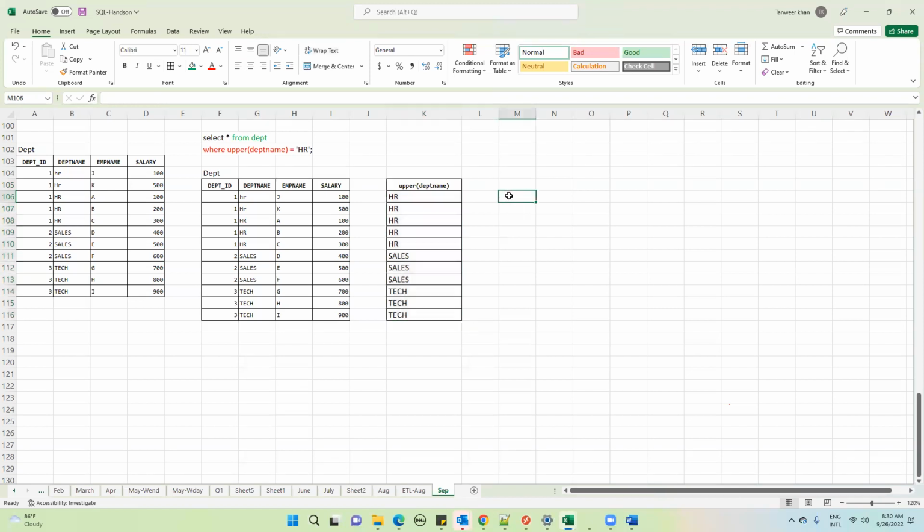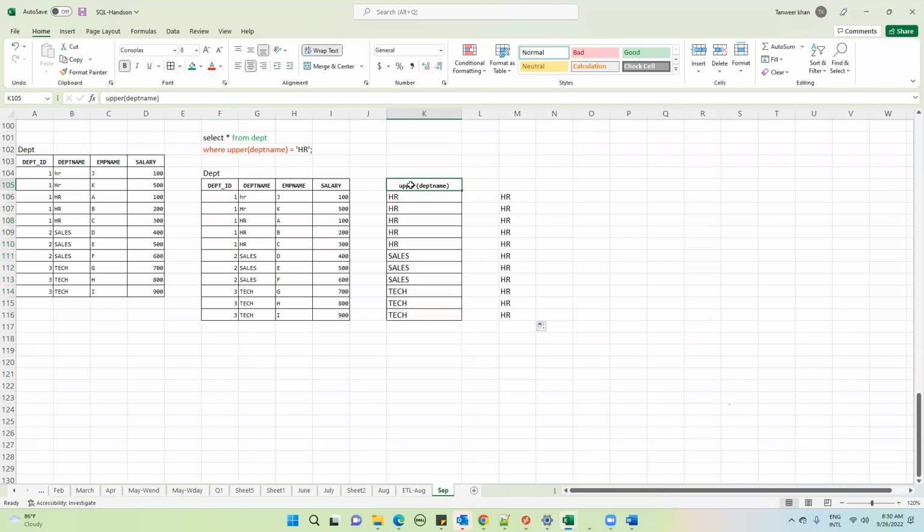Now this HR will be compared with this column or with this column? It will compare with the temp column. Is it clear, guys? Because you are telling it to compare this uppercase HR with this UPPER(department name).